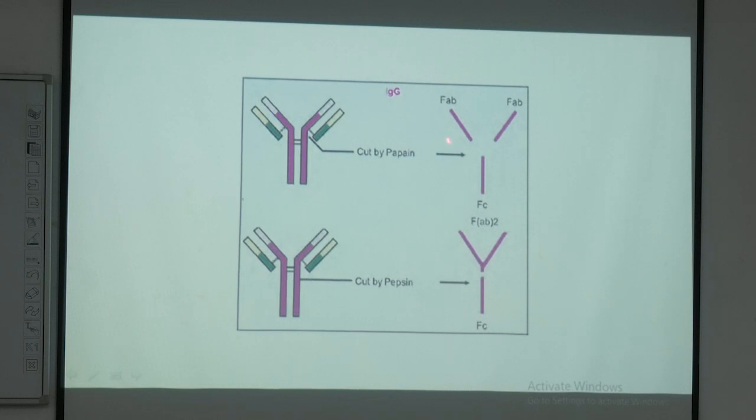So here, when this part is interacting with an antigen, and when this part is interacting with an antigen, in the antigen-antibody reaction, which will be stronger? When this part is interacting with the antigen, or this part is interacting with the antigen, which will be stronger? Why the first one?